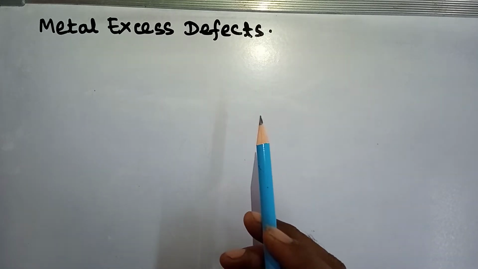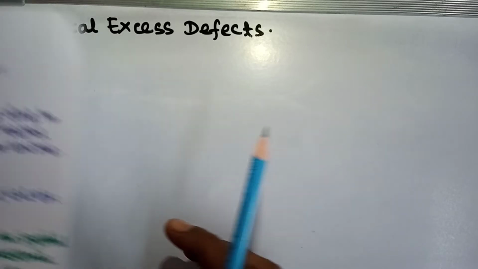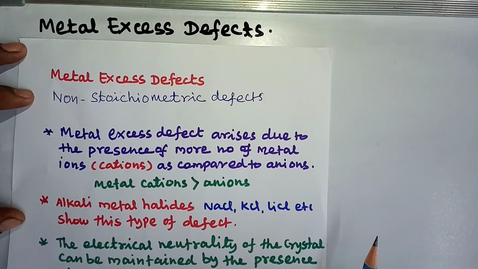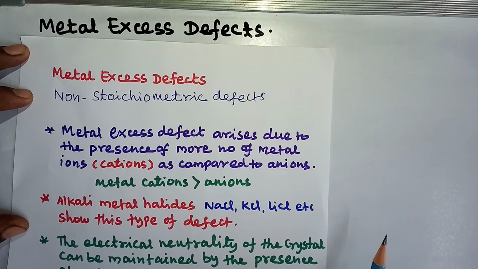Metal excess defect arises due to the presence of more cations than anions.